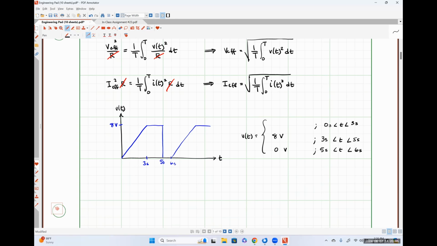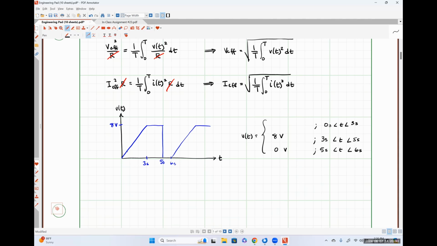So it's not constant because we can see that it's changing as a function of time, right? It starts at 0 volts and increases up to 8 volts. Since it's a linear increase, we can literally expect this to just be in our good old y equals mx plus b format, where m is the slope and b is the y-intercept. So what's the slope of this line?